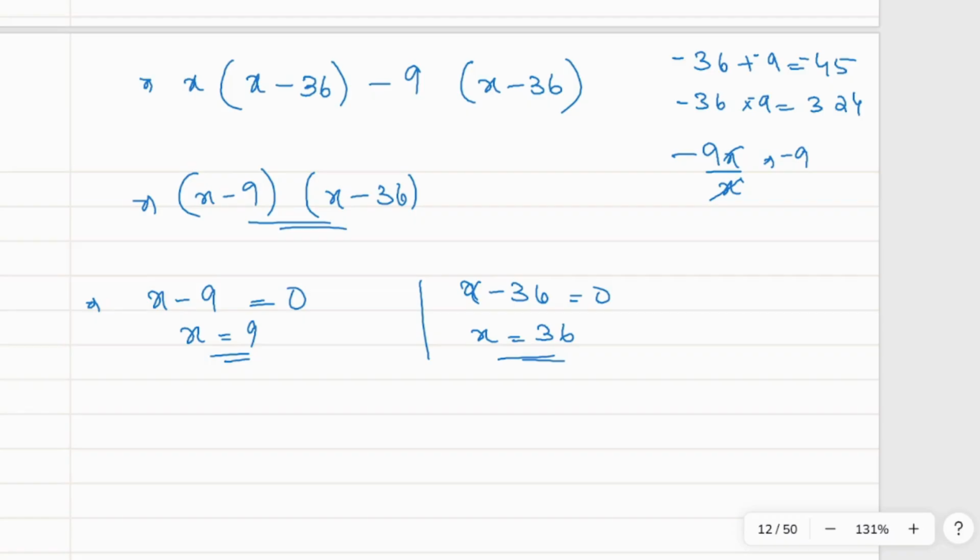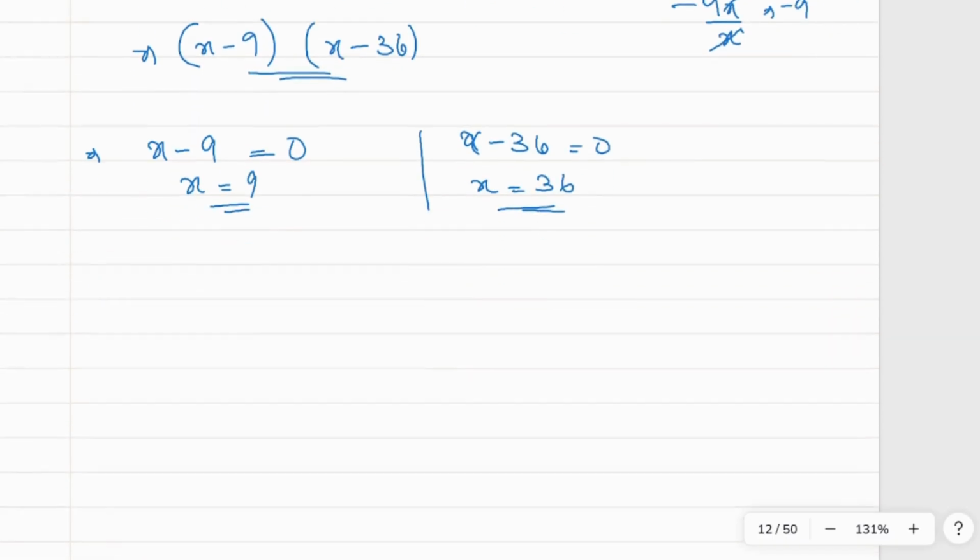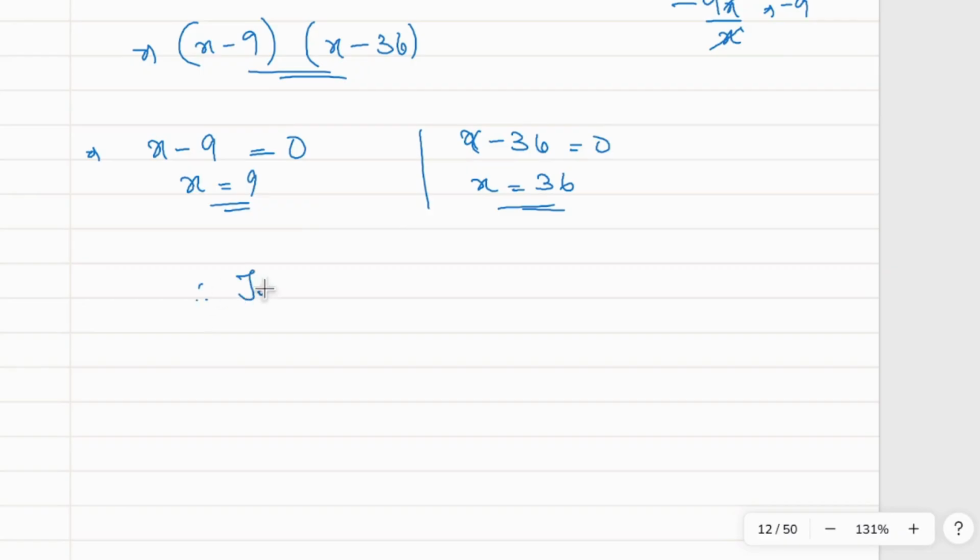Therefore, John has 9 marbles and Jivandi has 36 marbles. Clear? Therefore, the number of marbles John has is equal to 9.